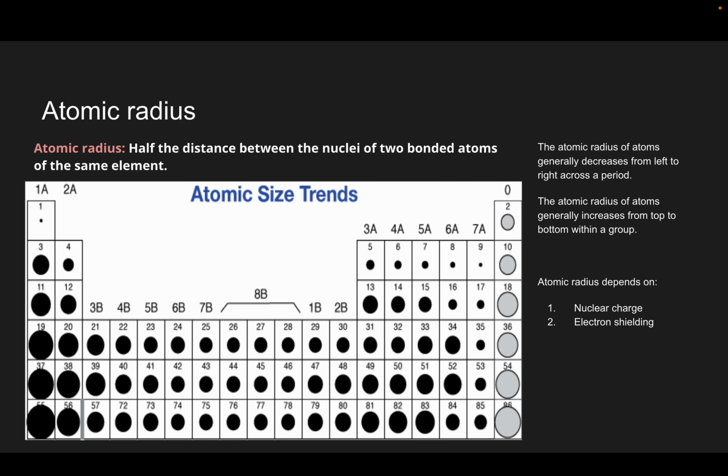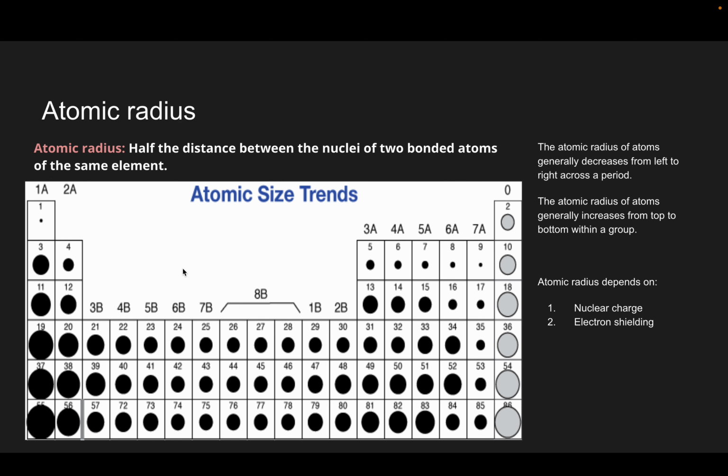And here you can see the periodic table. Let's look at period 2, for example. Here, as you can see, as we go from the left to the right, the atomic radius decreases. And as we go from the top of the group to the bottom, it increases.